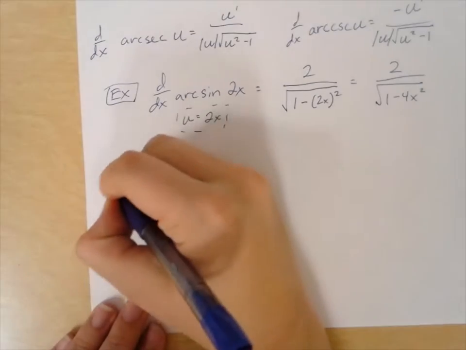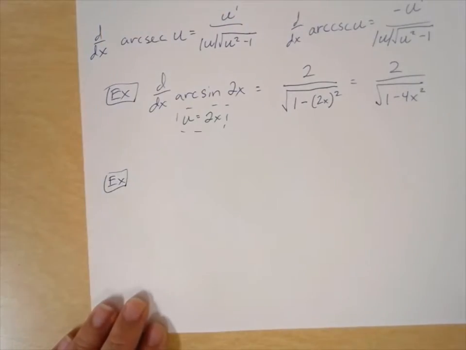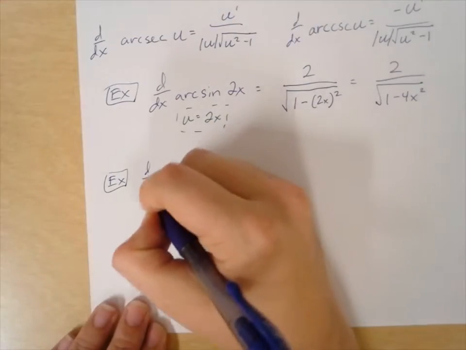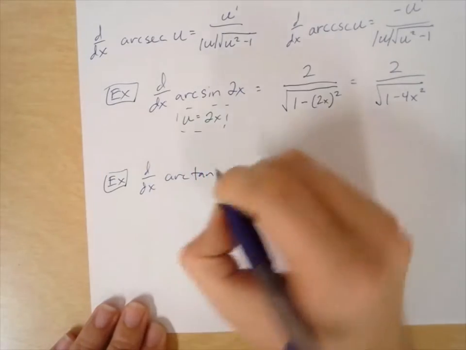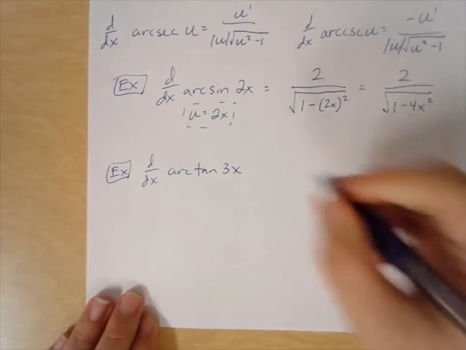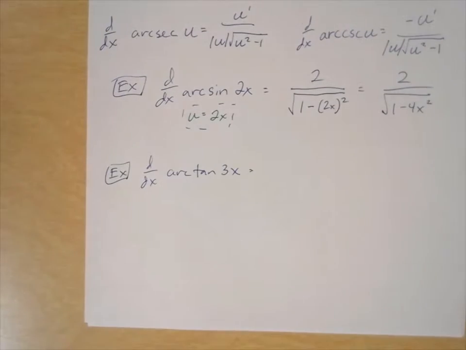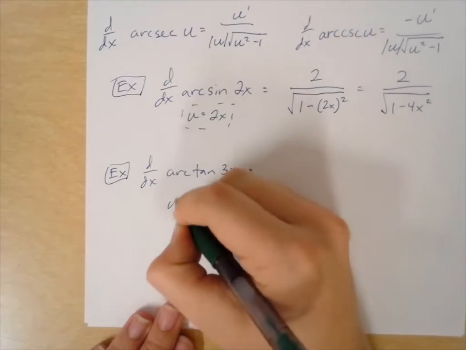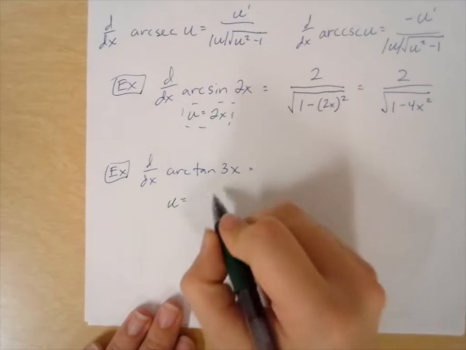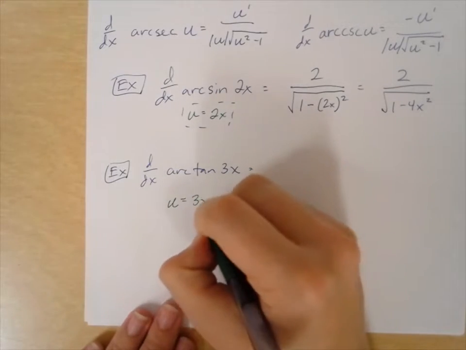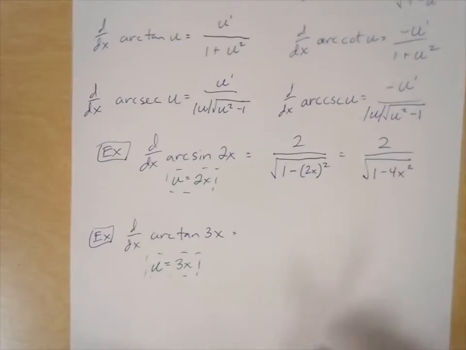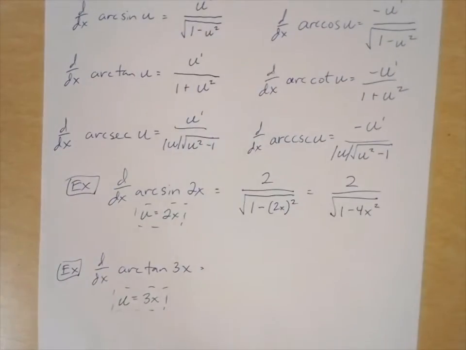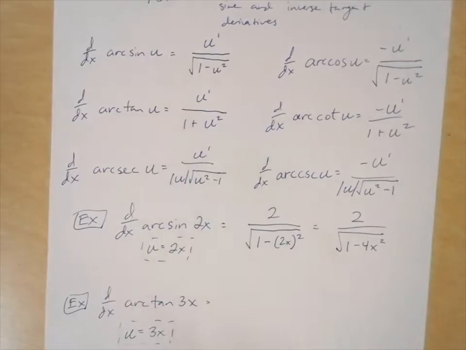Alright. Next example, let's talk about the derivative of the inverse of tangent of 3x. Before we get started, let's identify that u, so this process is that much easier. We'll say that u is this 3x. Do a little box around that. And now let's apply the arctangent derivative.